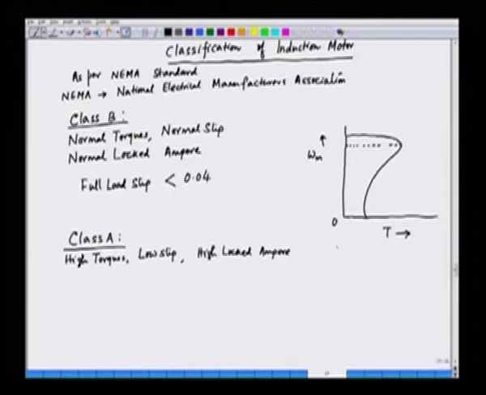So, the torque speed characteristic can be given like this. We have the speed here and we have the torque in the x axis. So, this is basically the class A motor. Now, if we compare this with class B, the class B will be like this.